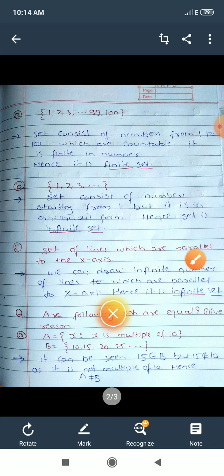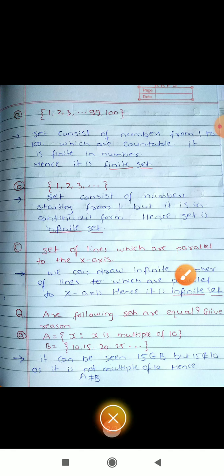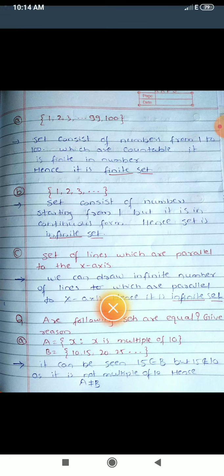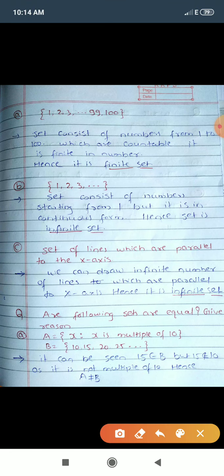Correct. We can draw an infinite number of lines which are parallel to the x-axis. Hence it is correct, it is an infinite set. Very good.